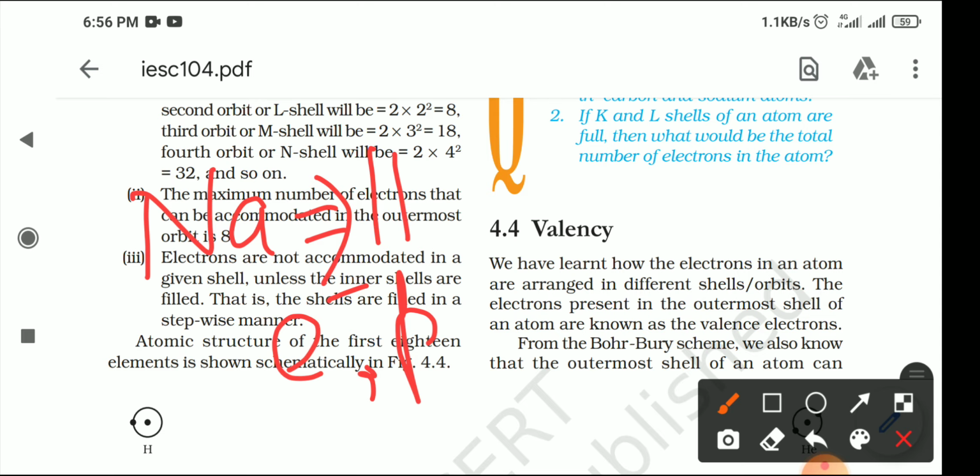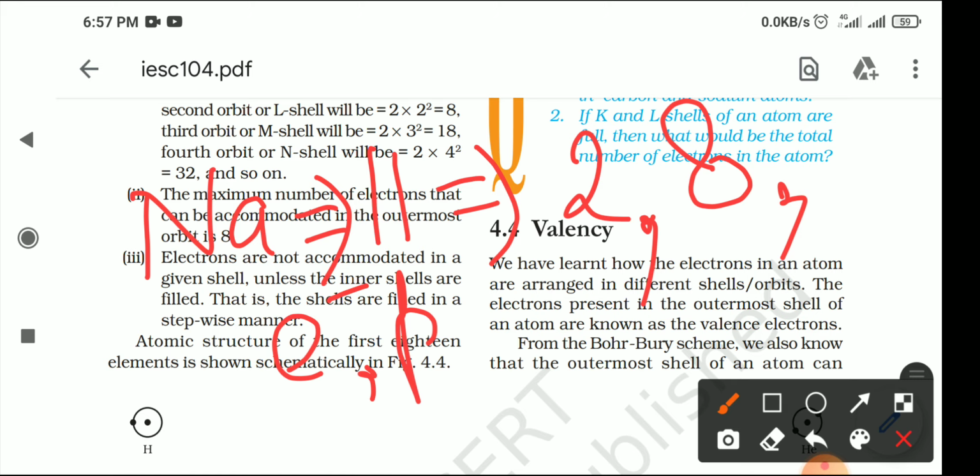Now what we have to do is see how many electrons are distributed in the various shells. Let's talk about the first shell. In the first shell, you know the maximum number of electrons is 2. Now 11 minus 2 means 9 electrons are still left. Where will the 9 electrons go? In the second shell, 8 electrons will come, because the maximum capacity of the second shell is 8 only.